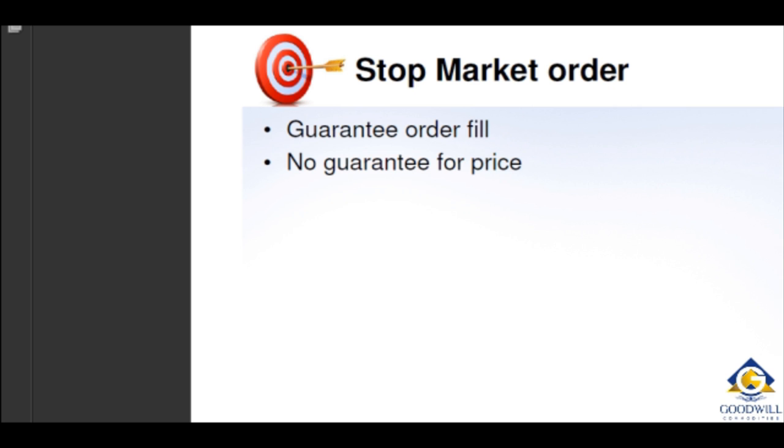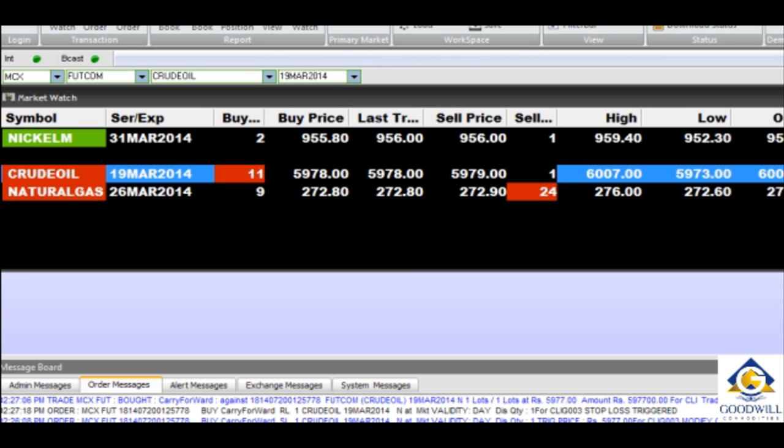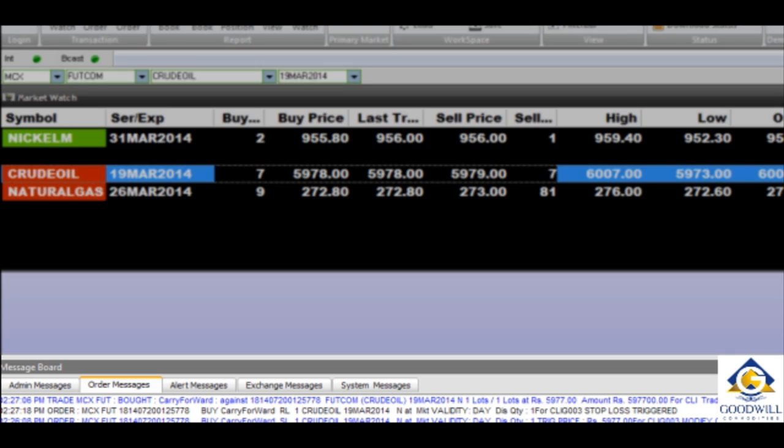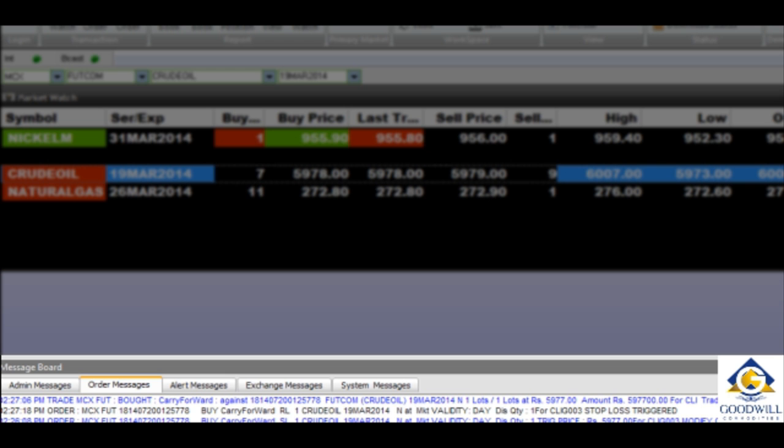But since it is a market order, there is no guarantee for the price. If the market is fast, it can be filled at the next price also, but there is a 100% guarantee my order will be filled, but there is no guarantee for the price. That is what a market order does. So if you see that here, now my stop loss got triggered at 5977.